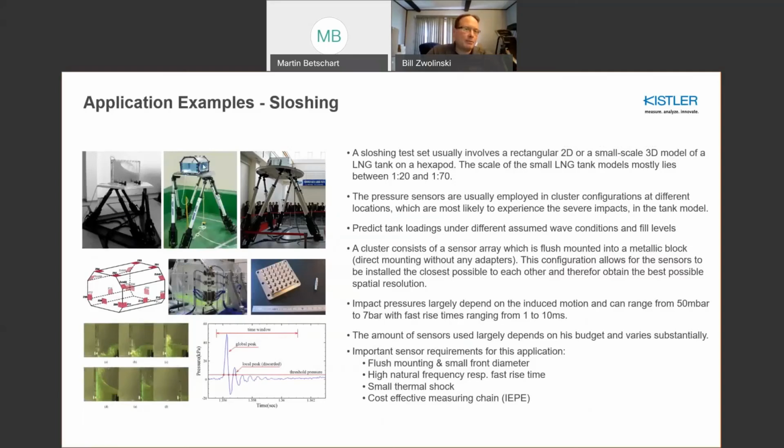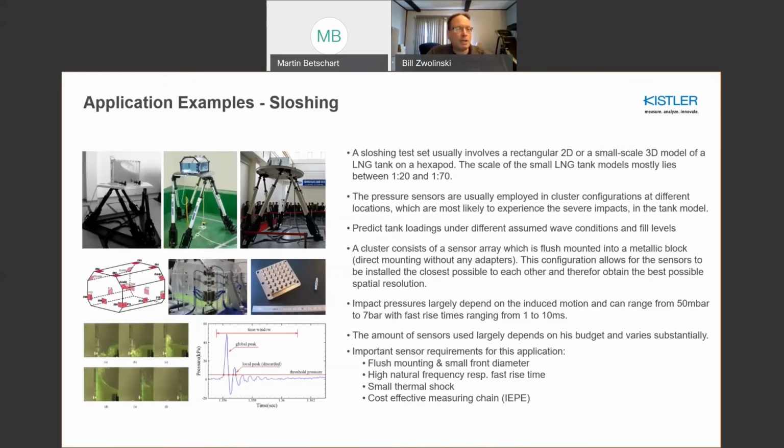This plate is adapted to the model, and then you go through some various motions to assess the wave impact on each sensor. Because the sensors are only 0.2 of an inch OD or 5 millimeter OD, you're able to get a very high spatial resolution in terms of this measurement.